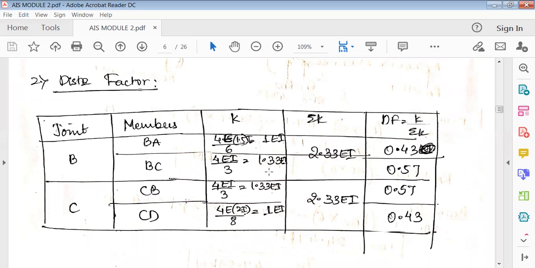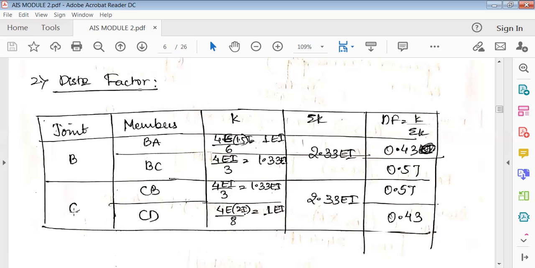Okay, similarly 1.33 divided by 2.33 is 0.57. Now the check is when you add both of these, the sum should be 1. So 0.43 plus 0.57 is 1. So always the distribution factor at any given joint should be 1.